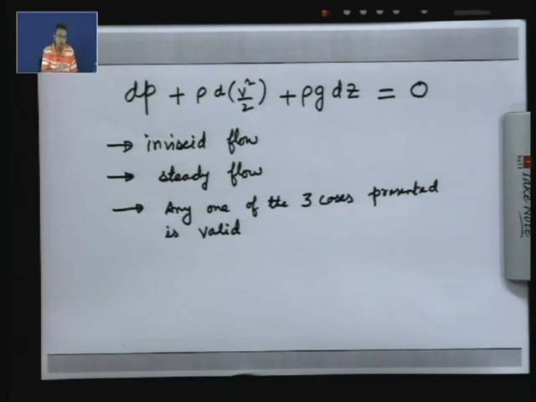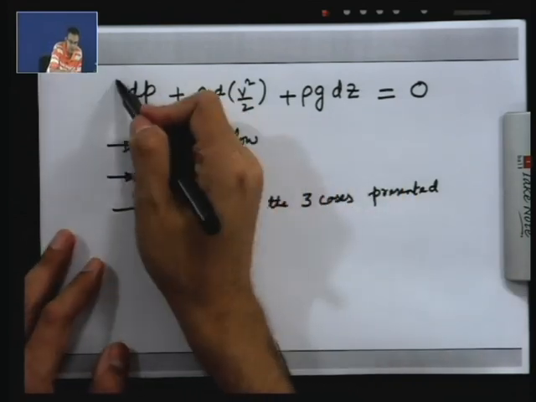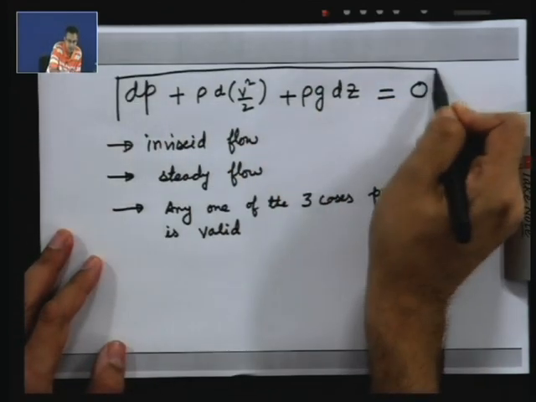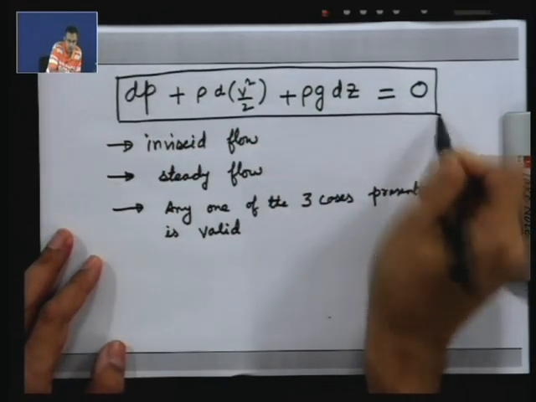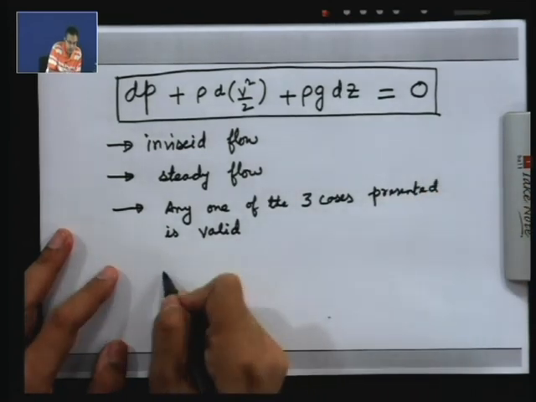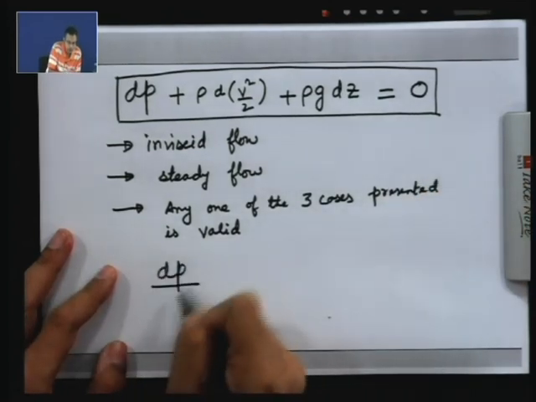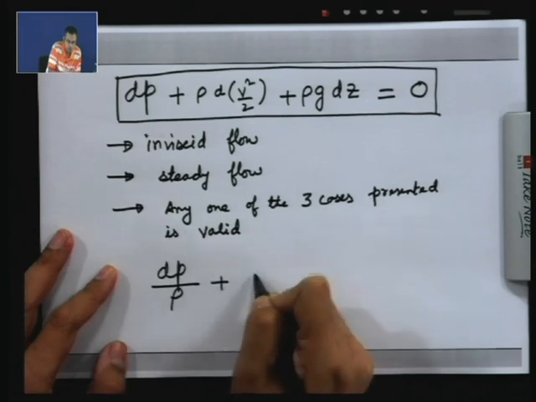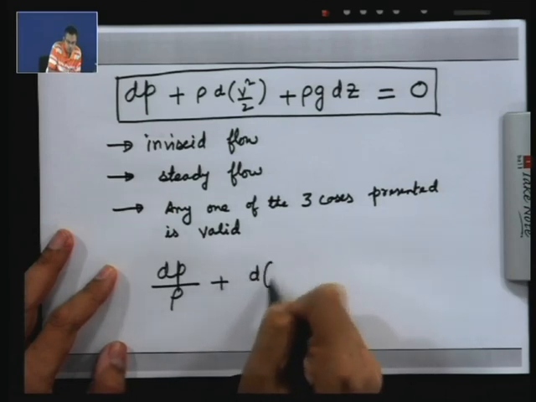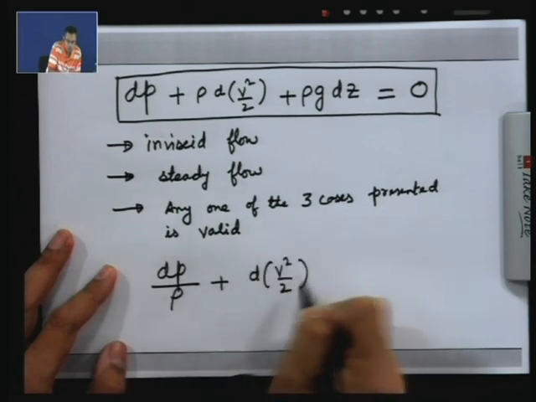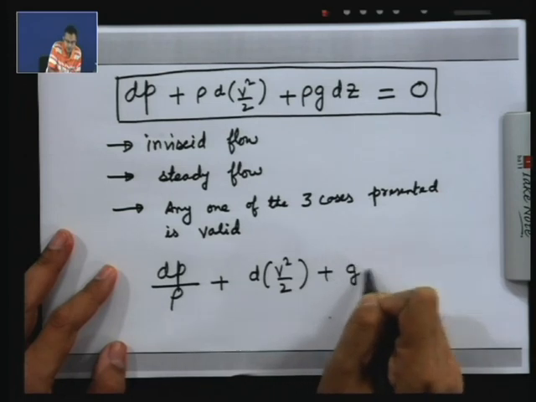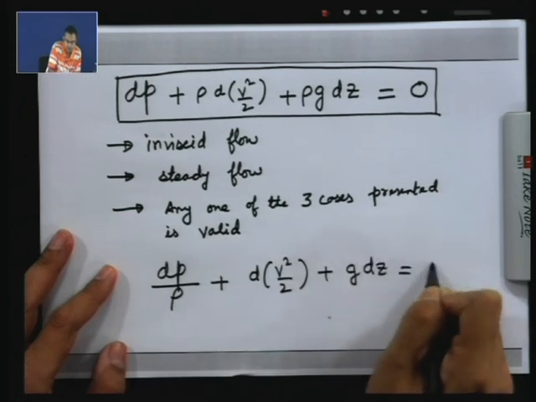So, if any one of these 3 cases presented is valid, then this equation is valid. So, we can divide this equation by rho and write dP by rho plus d of v square by 2 plus g dz equal to 0.